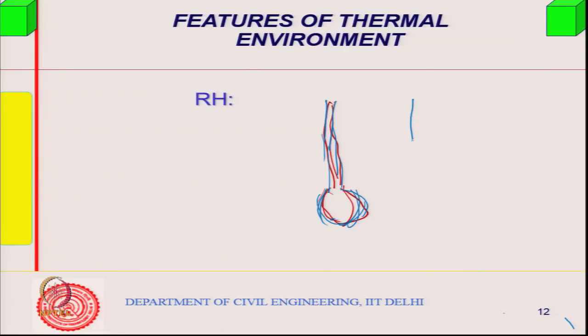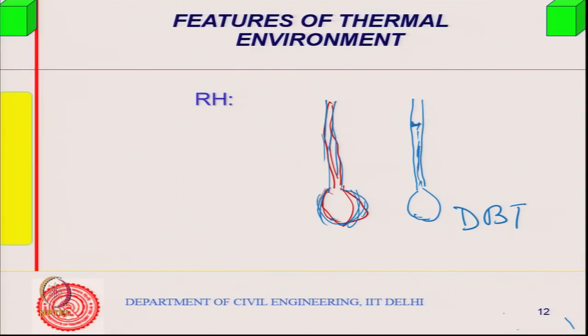In another case, I have just the bulb and no cotton or anything of that kind. It could be mercury simply. So, this is the dry bulb temperature.